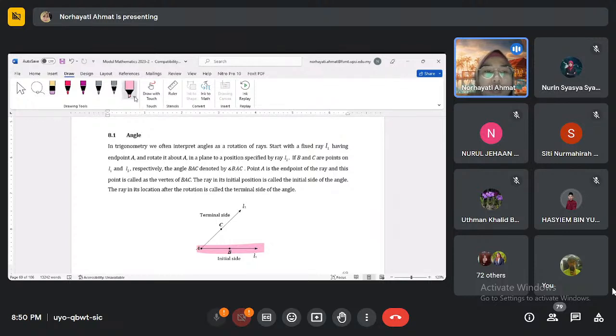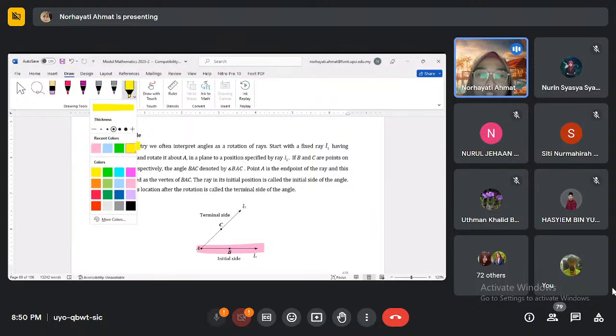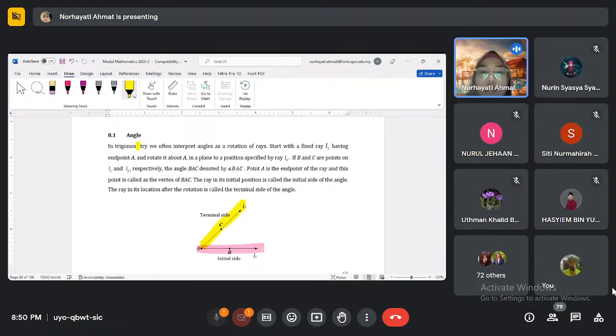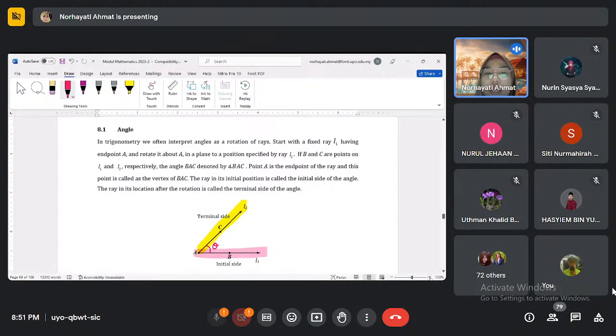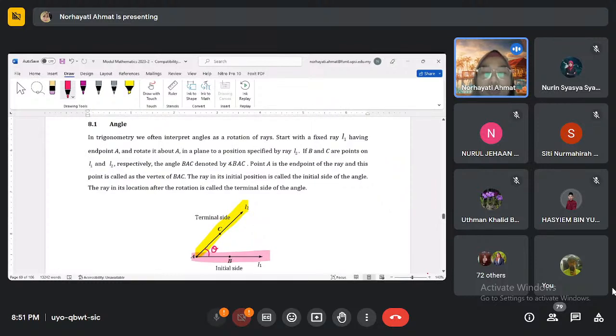We move to this position, and we label the new position as ray L2. So the movement or rotation of ray L1 to L2 forms an angle. Okay, kita ada sudut. Pergerakan dia akan menghasilkan sudut.